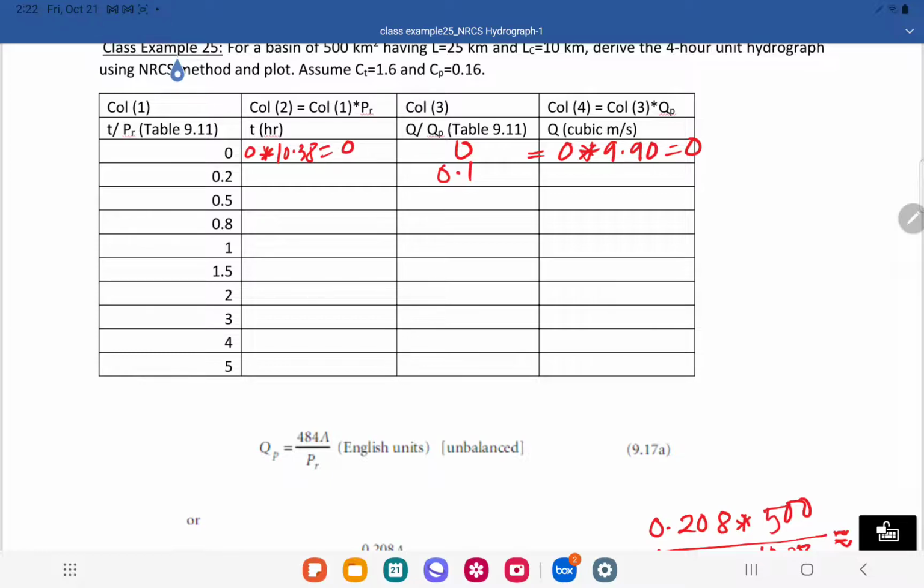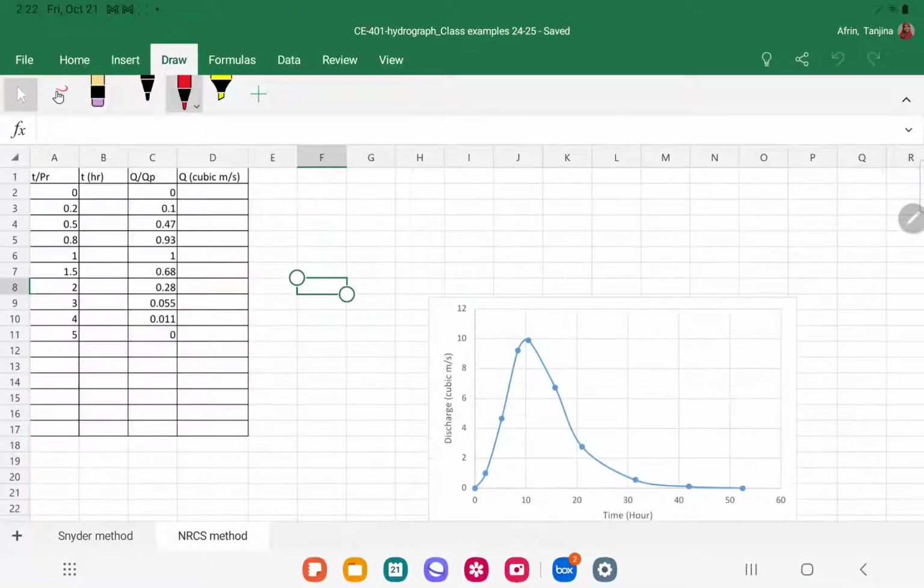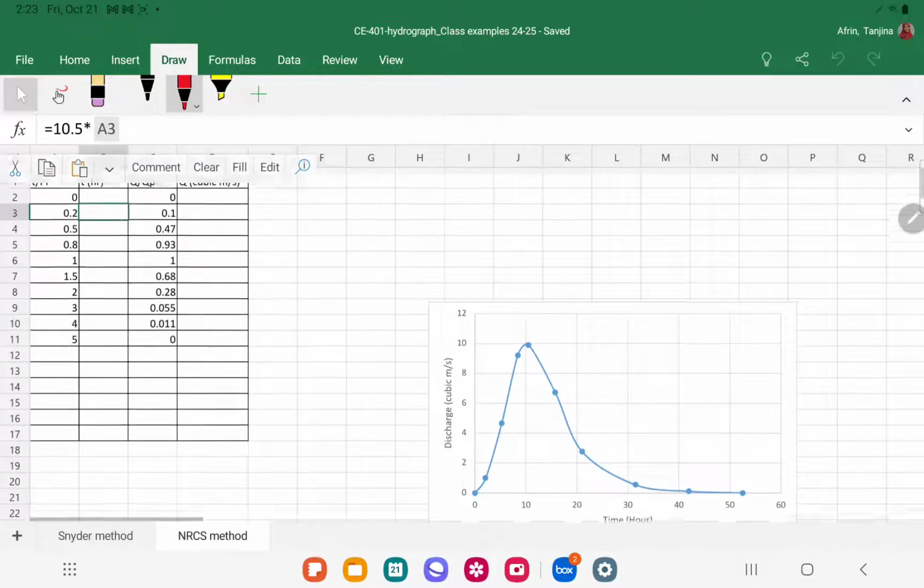I will do this calculation in Excel, so I will go to this Excel here, NRCS method. If you look at that, for each one I already got the value from that table. What is the table? Table 9.1. Now I will just do the calculation here.